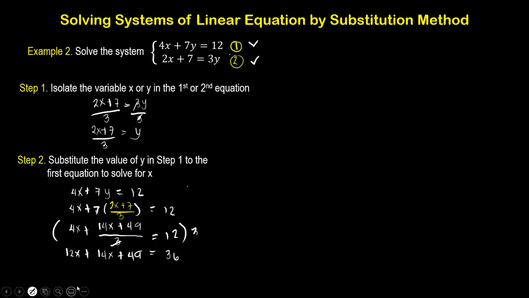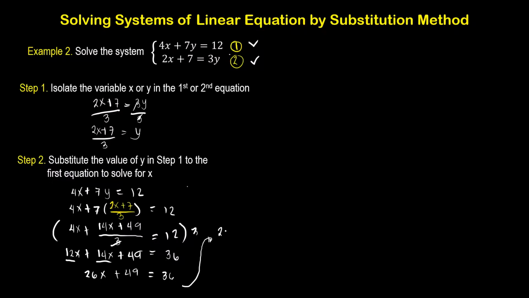Then, of course, we just need to combine the like terms. So, we have here 12x plus 14x, this is equal to 26x plus 49 equal to 36. So let's just copy this one here.